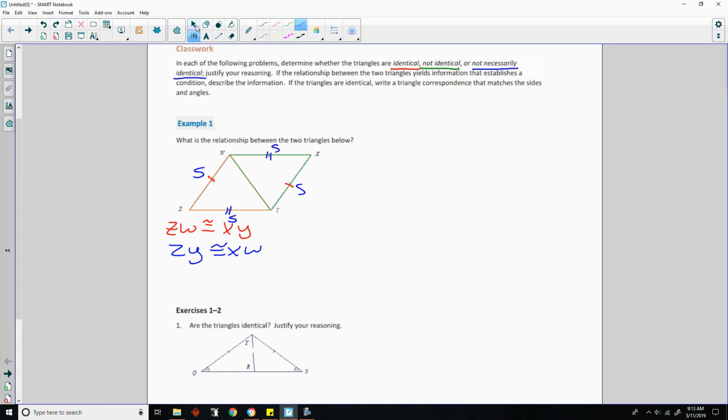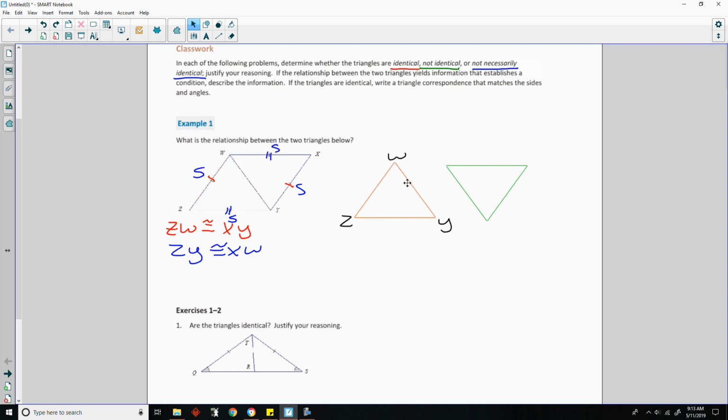But as you can see as well, if I move this triangle over here, see where it was? YW. So if I move this over here and move this over here and separate them, and then I label these, this was Z, this came from here, this was W, and this was Y. Okay, so now that I've labeled that, let me put those back. See how the W, the Z, and the Y are all in the same locations.